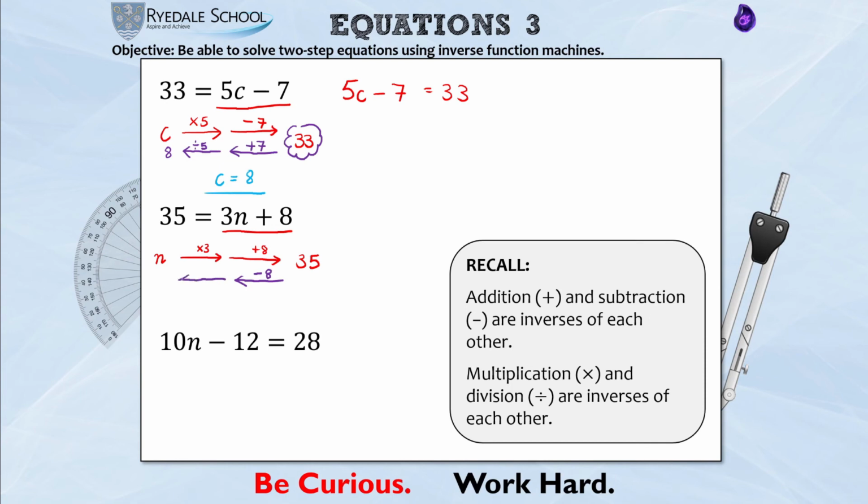The opposite of times by 3 is divide by 3. So let's follow this through with our 35. 35 take away 8 is 27. 27 divided by 3 is 9. So our answer to this one is n equals 9.